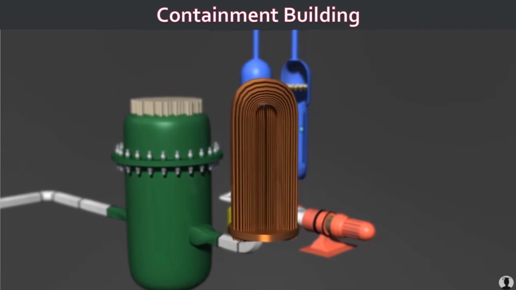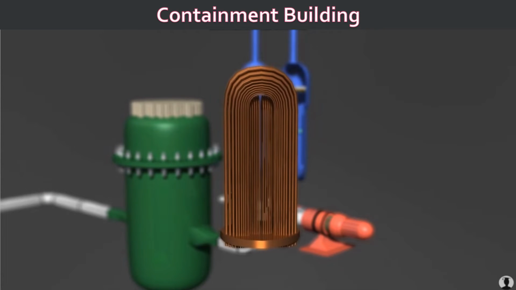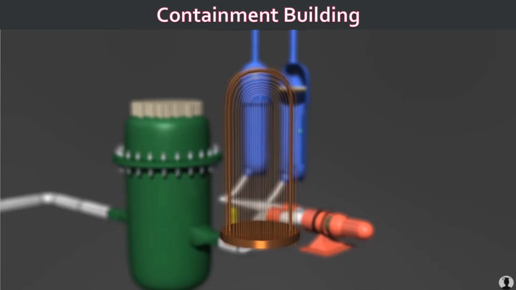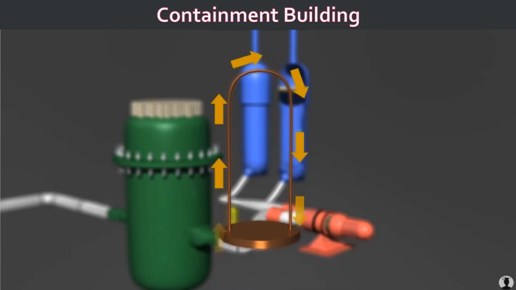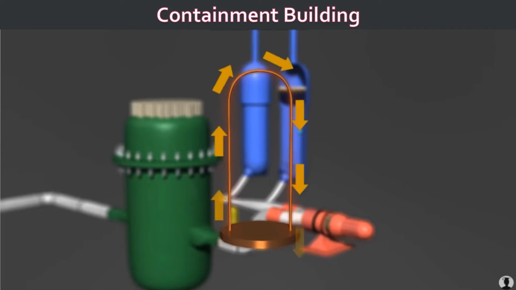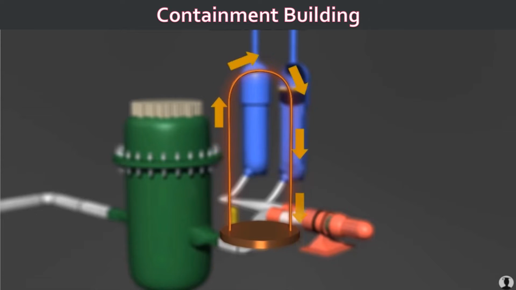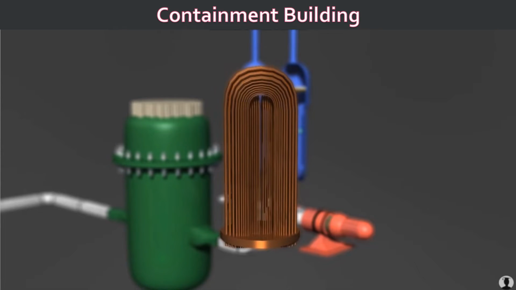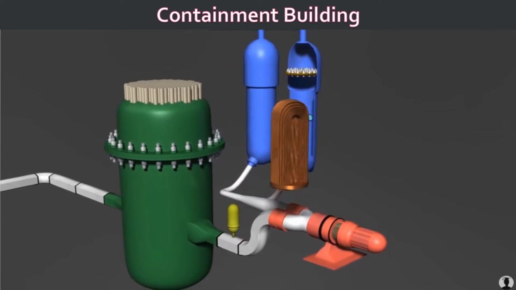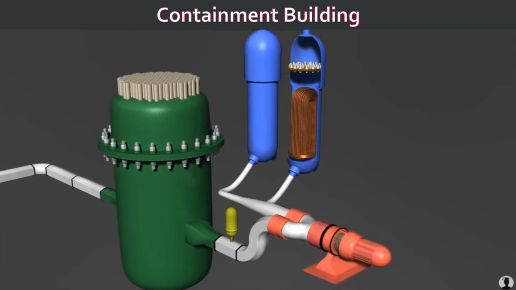And then due to the chain reaction, the water will be heated up and pumped into the heat exchanger, and this water will flow inside this metal tube. As you can see, in the heat exchanger, there are lots of these metal tubes. When this hot water flows through the metal rod, it will heat up the water that is inside the heat exchanger.